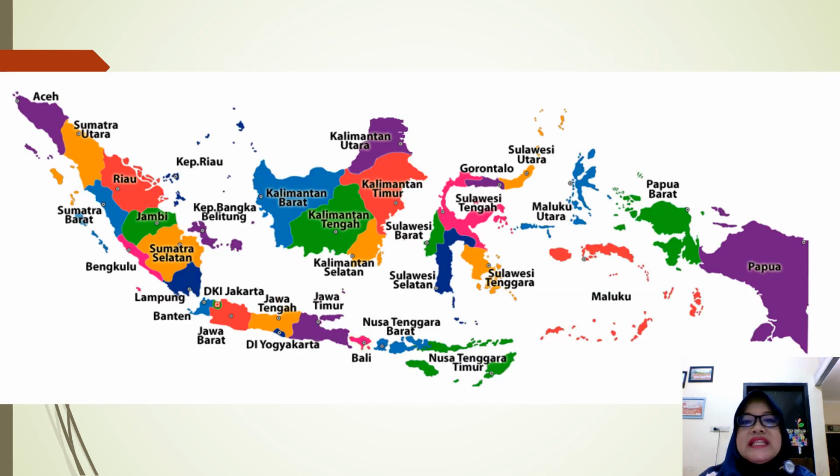Based on this infographic of regional language data in Indonesia in 2018, research for mapping languages in Indonesia carried out by the Language Development and Development Agency, Ministry of Education and Culture, was carried out from 1991 to 2017.